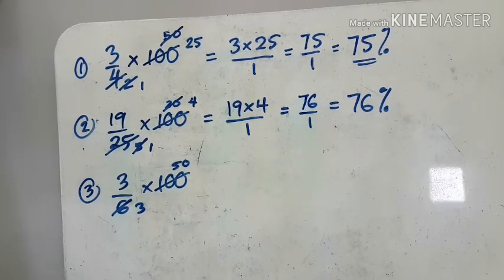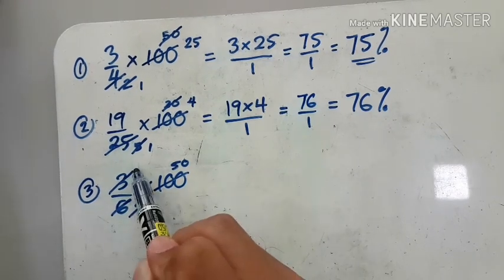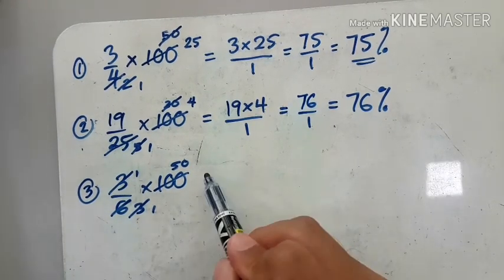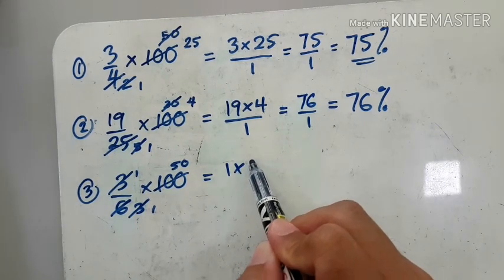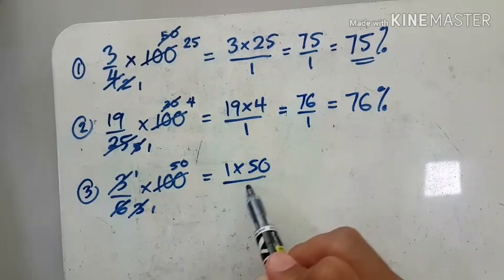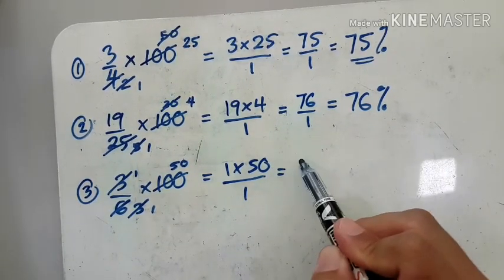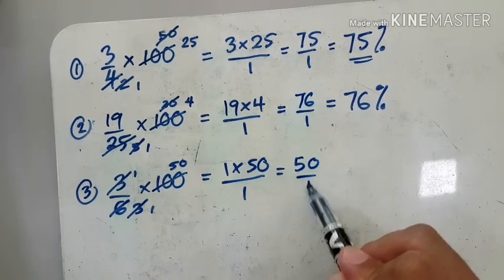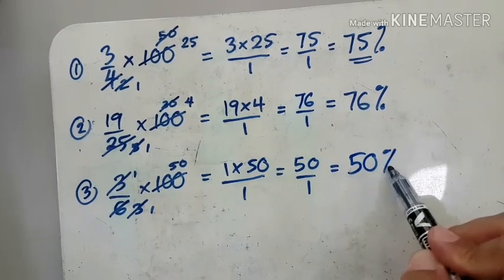Now, as you can see here, 3 and 3, we can simplify them further. So what do you get? 1 times 50 on 1. So you have 50 on 1, and the answer is 50%.